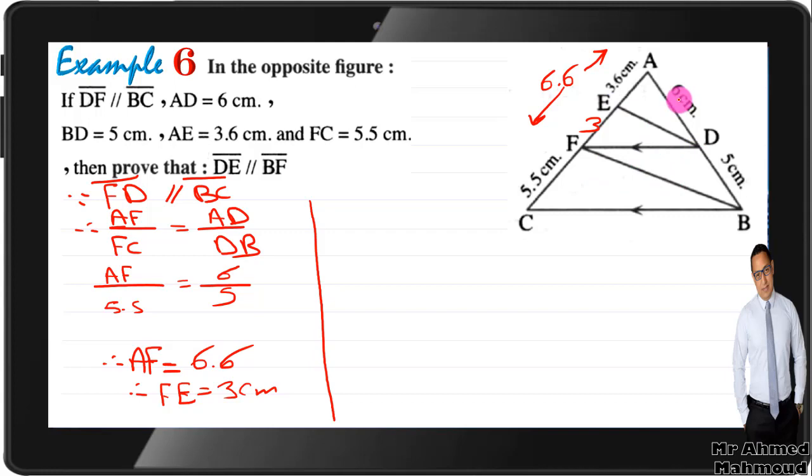I have to find the ratios AD over DB and AE over EF in triangle ABF.